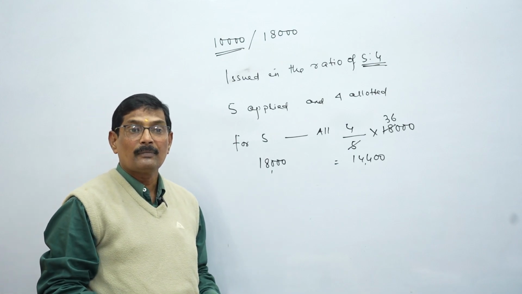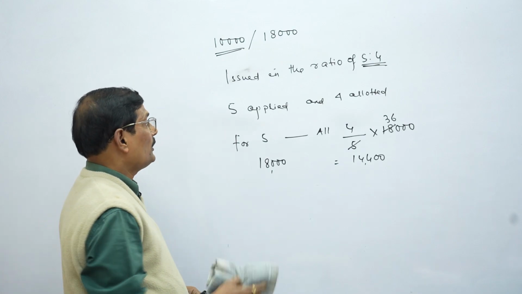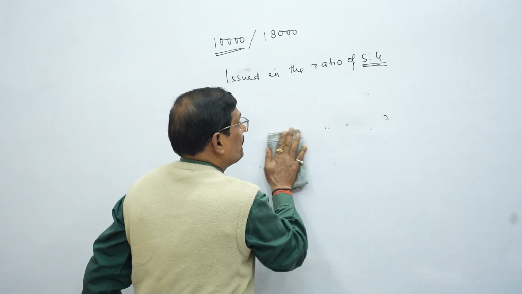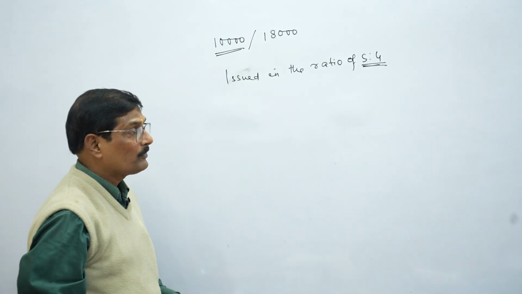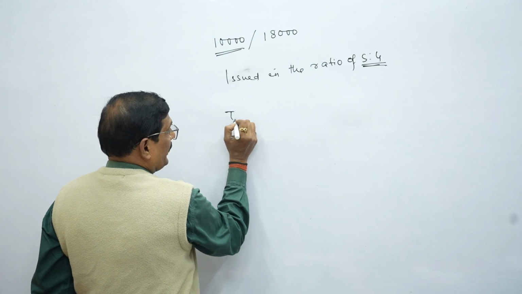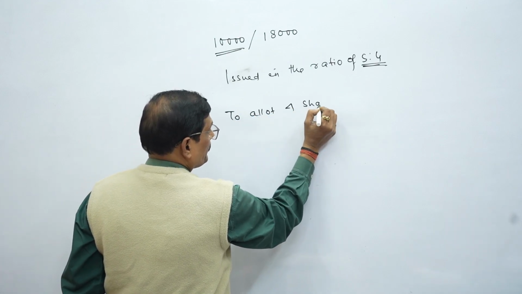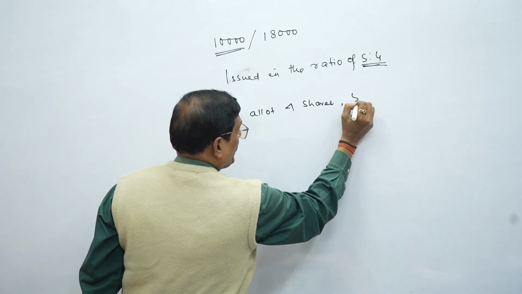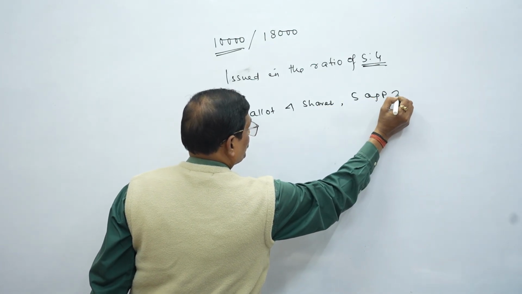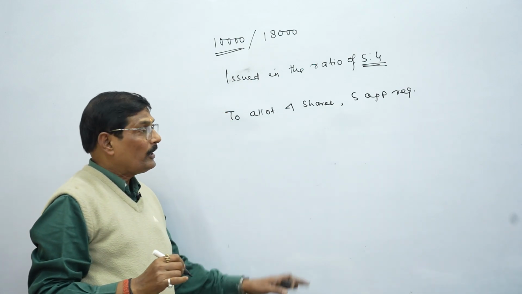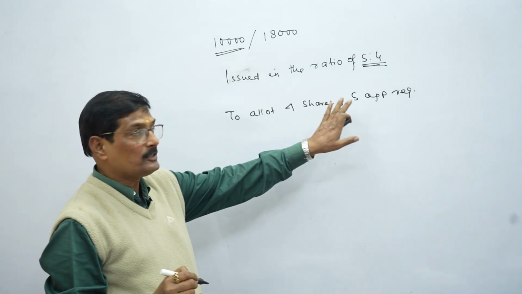At that time, apply the reverse way. To allot 4 shares, 5 applications are required.